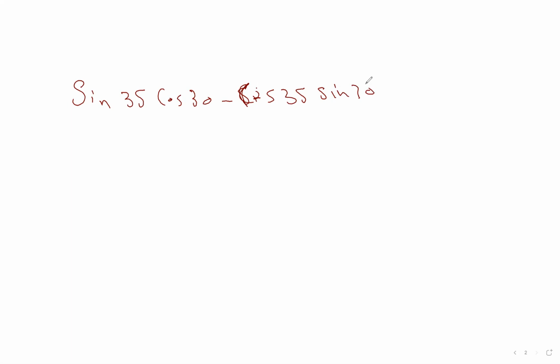You will use the formula of this relation, sine cosine minus cosine sine. It will be sine(A minus B). So it will be sine(35 minus 5), which is sine 30, and sine 30 equals half.